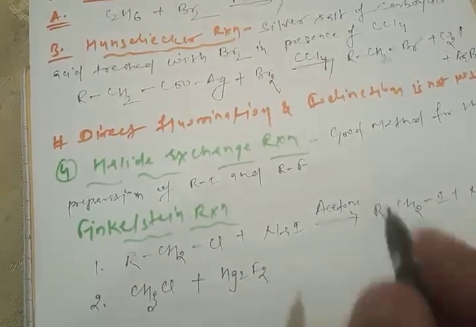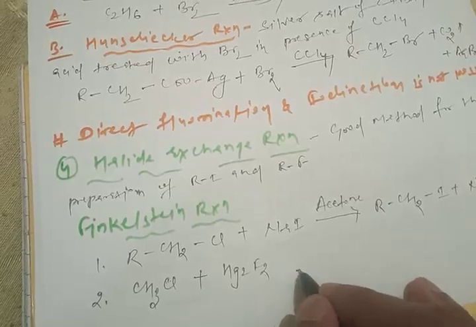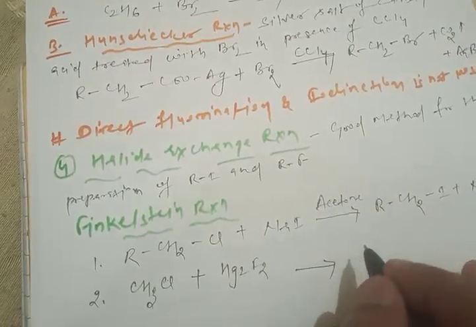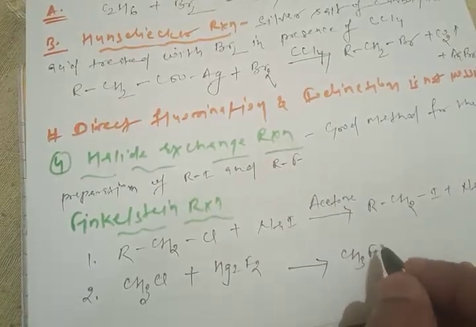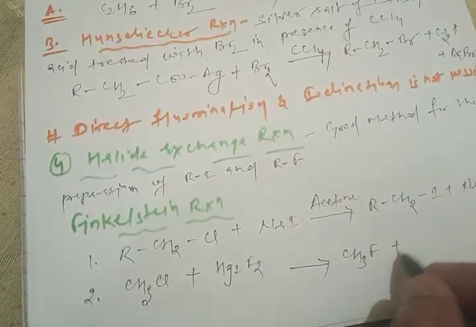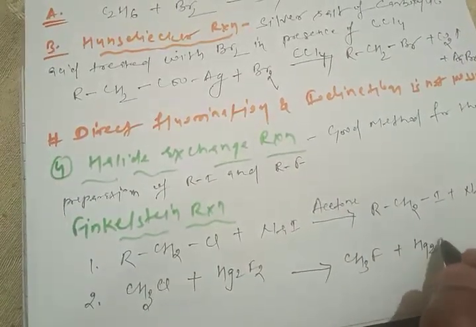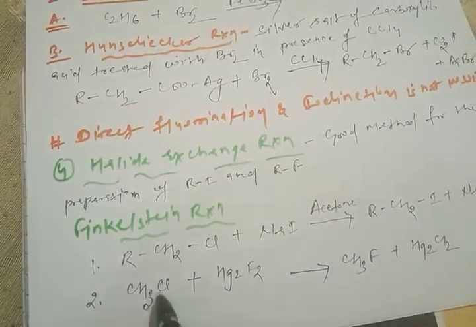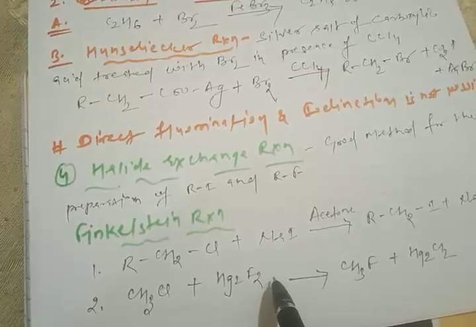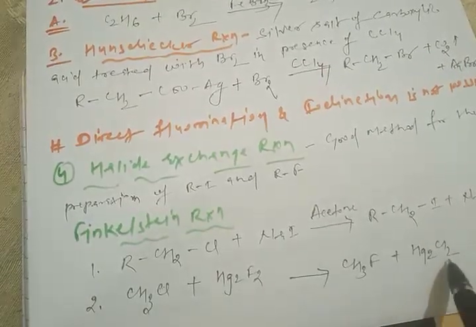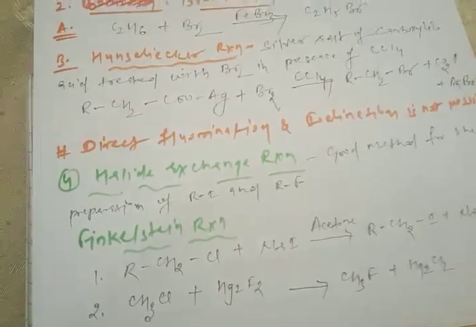This will give you the fluoride compound, CH3F, and Hg2Cl2, mercurous chloride. So Cl is exchanged with F.